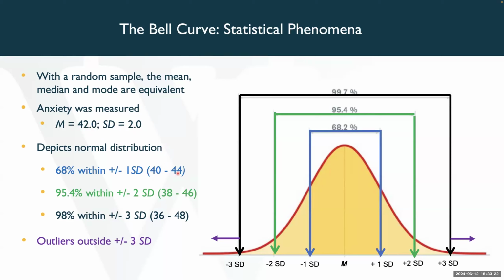So it's kind of like a range. 68% of the people would fall within this range. 95% of us would fall within the green range, and 98% of us would fall within the black range. And some of us are going to have very, very low anxiety over here, and some of us, our anxiety is going to be off the roof. Does that make sense to everybody?